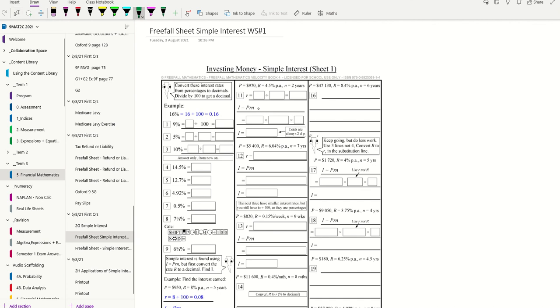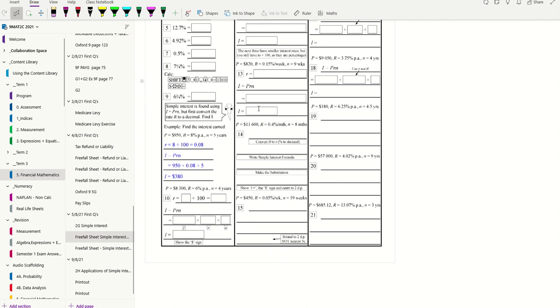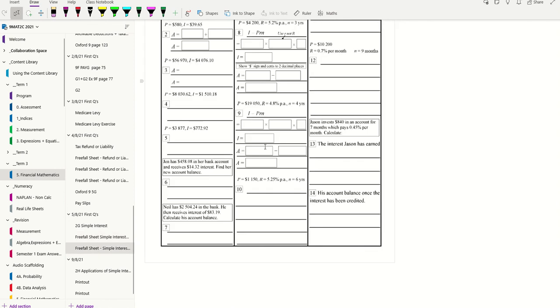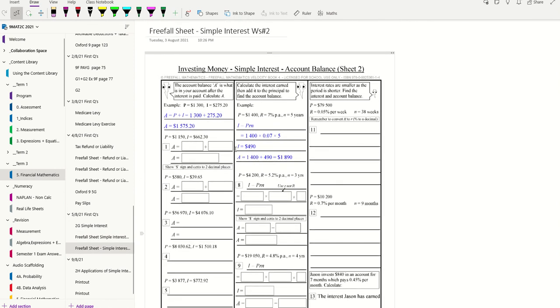You can see up here we've got the step of converting that R into a decimal first and then substituting it in here. I'm hoping they're all working out interest. And this second one should be getting us to work out some of the totals. So that is going to be chunk 1, chunk 2, sheet 1 and sheet 2. Thank you.